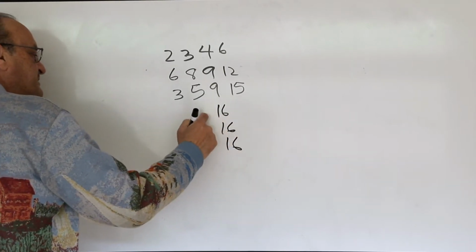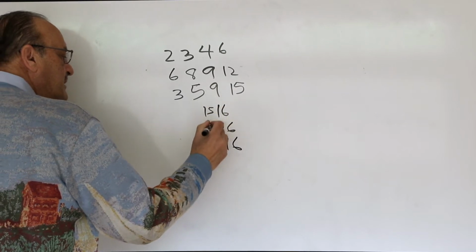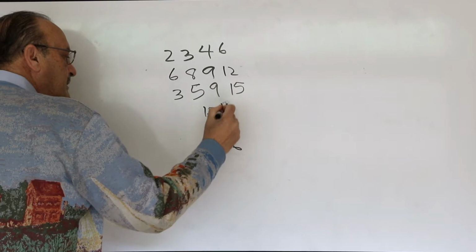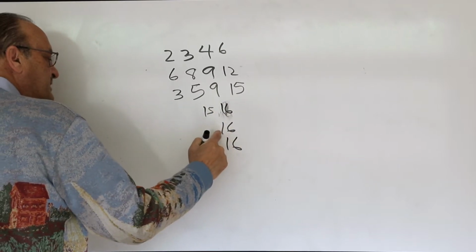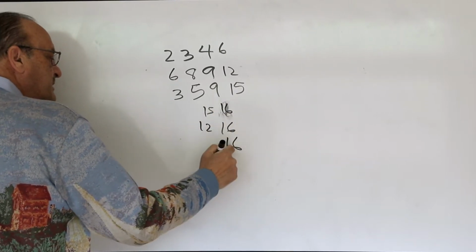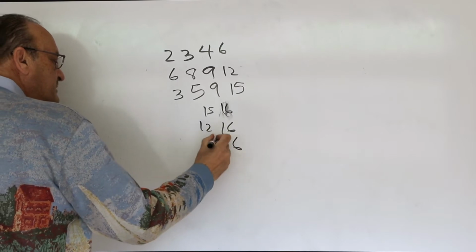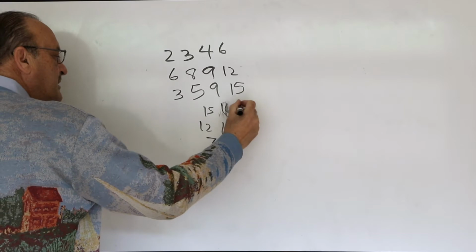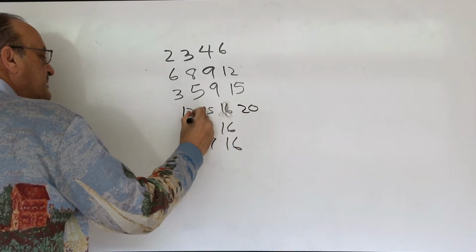First, we subtract the first square number. Then we subtract 4, the next square number. Then we subtract the next square number, 9. Here, we add the square root and subtract the square root.